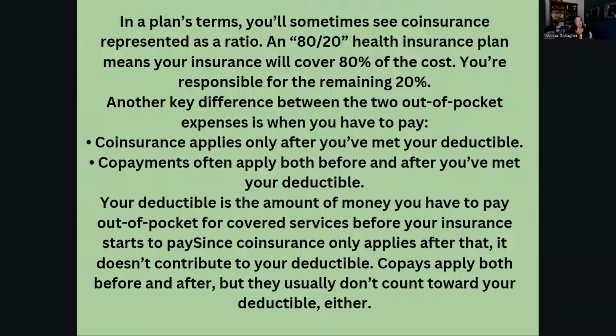My deductible on my health insurance plan is $1,500. This coinsurance, this 80/20, does not even count until after I've met my deductible. So right now, I want you to remember copays are a set amount. Coinsurance is a percentage.